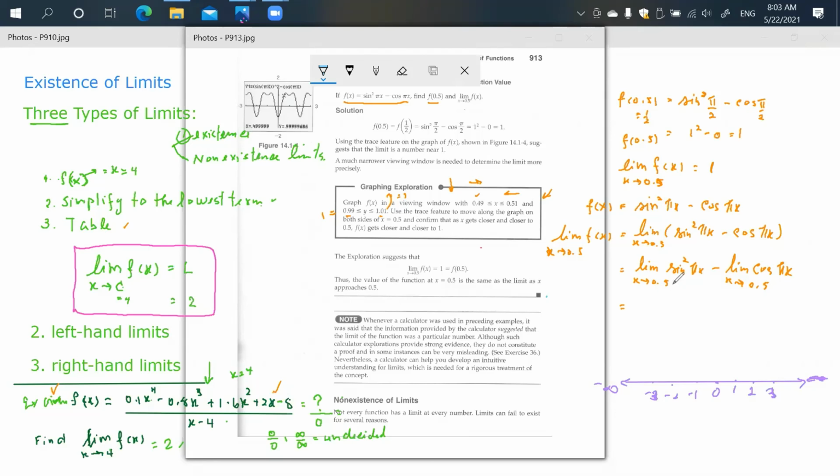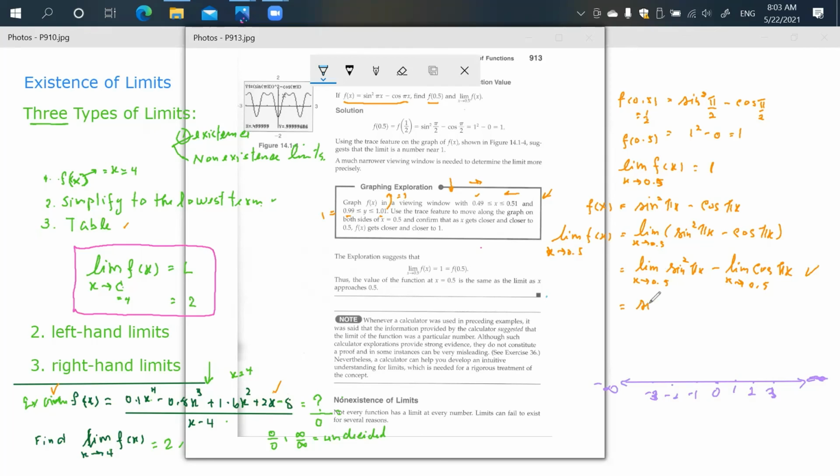After that, you just replace right away. When you use the property of limit, you just replace or substitute x with 0.5. When you substitute the value of x as 0.5 in this step, the limit is gone. You don't need to write it down.